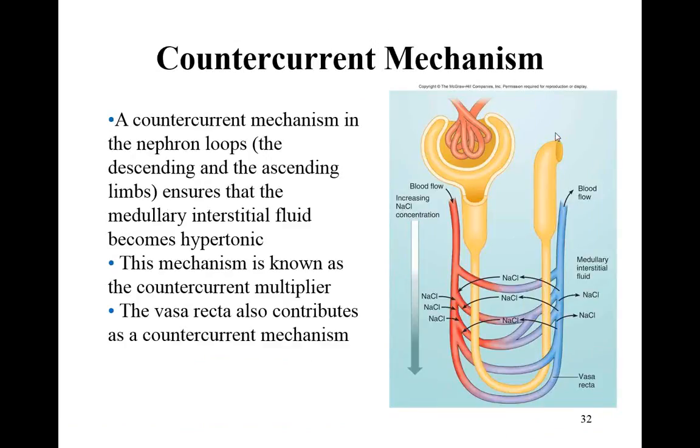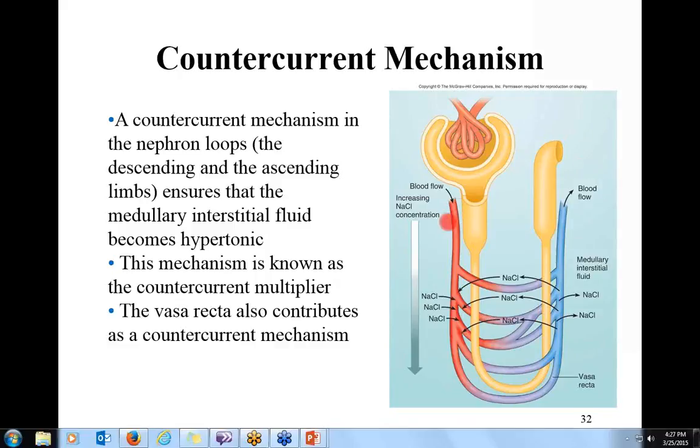This is referred to as the countercurrent mechanism. It's called the countercurrent mechanism because of the flow of the fluids in the nephron. They're flowing down and then they're flowing up. Okay. I think the next slide is a little bit better.